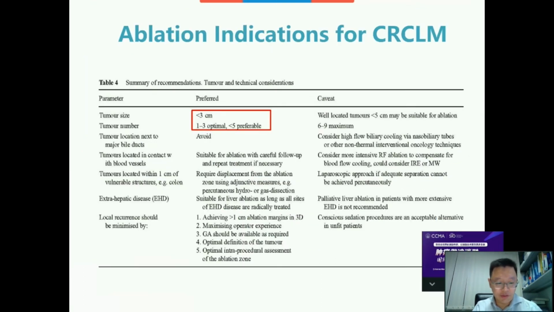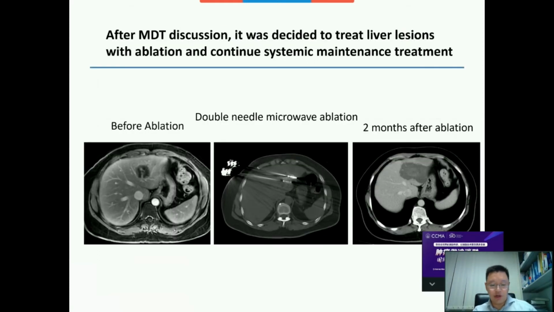So in the 2015 consensus on CRCLM formulated by global experts, the best indication for ablation is size less than or equal to 3 centimeters, and the number of lesions less than or equal to 3. So we go back to the case just now.